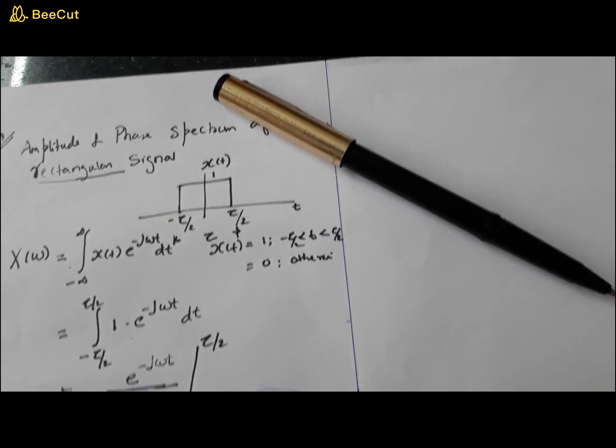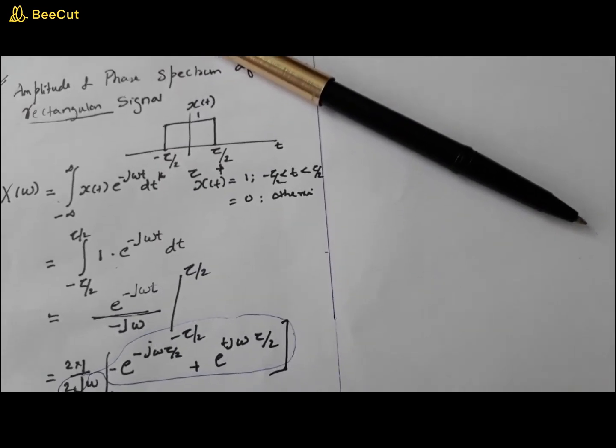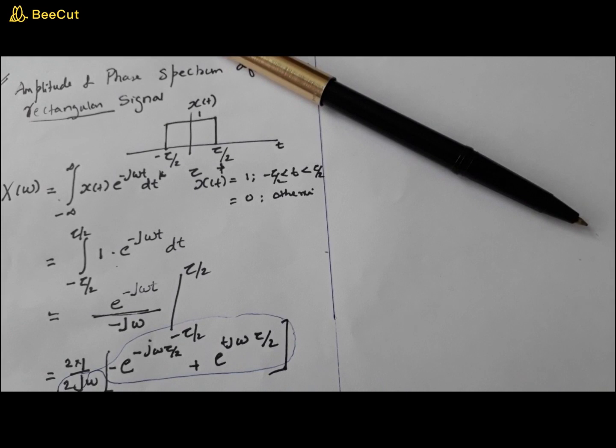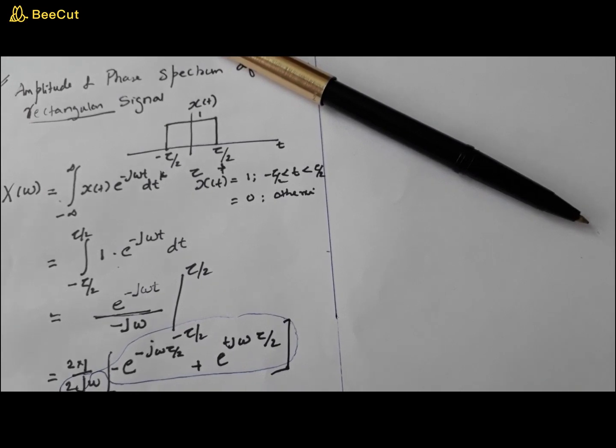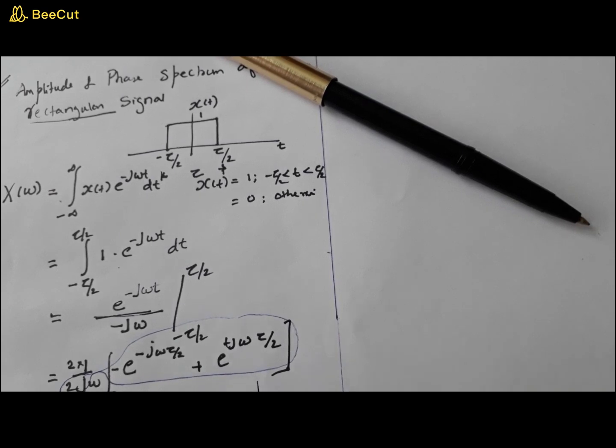The objective of doing that is we want to get the sine theta by theta form, right? So this theta here is omega tau by 2, so the denominator needs to be omega tau by 2. There is a lack of tau, that's why I put tau in the denominator and numerator.